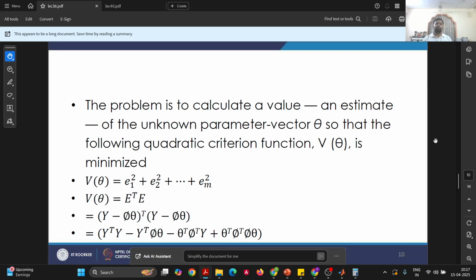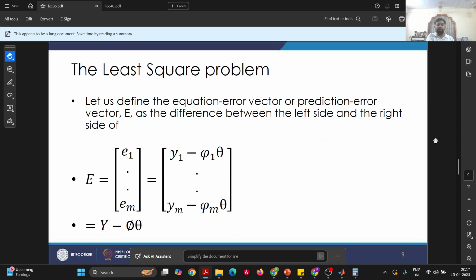This is the relevant section in the slide. Here, like in the least square problem, we first define the error matrix, which is y minus phi theta. Phi basically is the matrix of the regression coefficients for each measurement of y, and theta is the set of parameters. y is here y1, y2, y3.